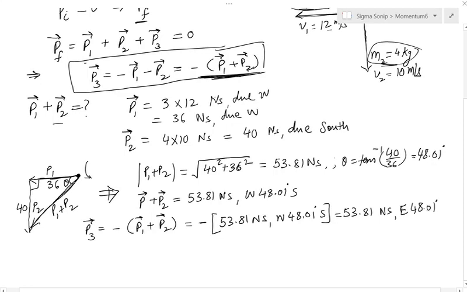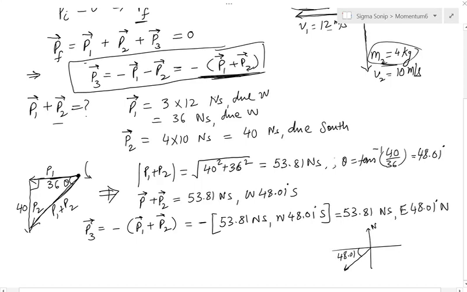48.01 degrees. Now just to explain how I get this, this is my north, and the direction, sorry, that's the wrong angle I have marked here. This is here, that angle is 48.01.